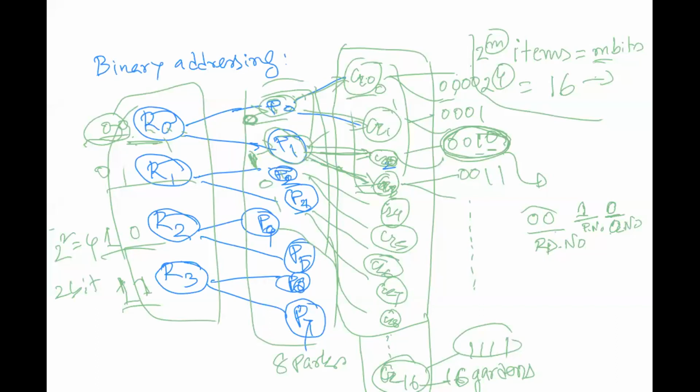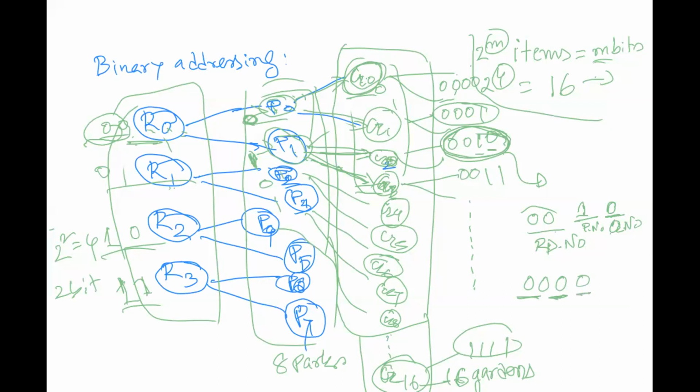Let's say you want to go to garden number 0. What is the number? All 0s: 0 0 0 0. The first 2 bits are for the road number, this bit is for the park number, and this bit is for the garden number.